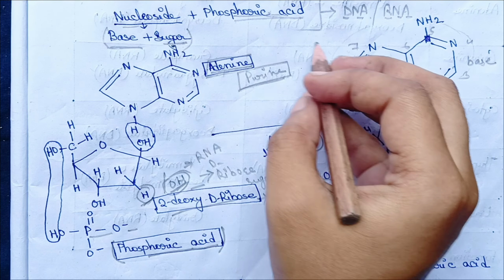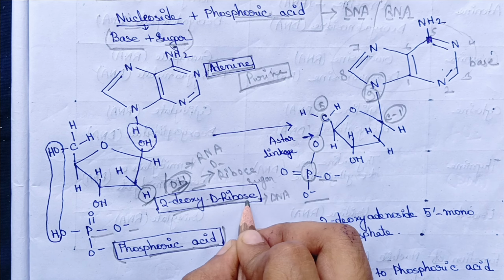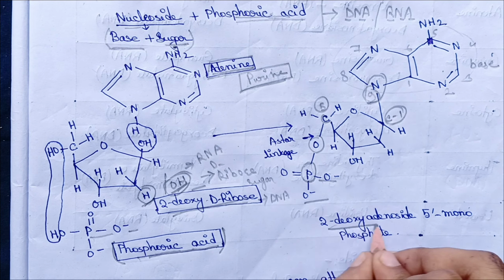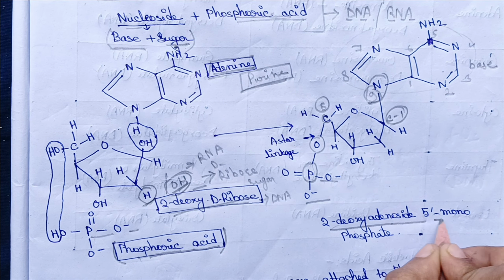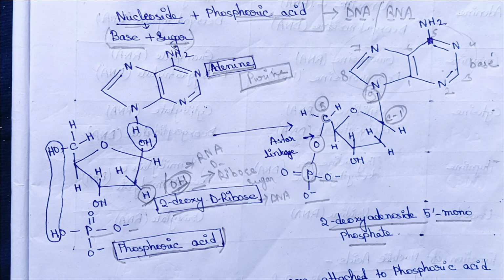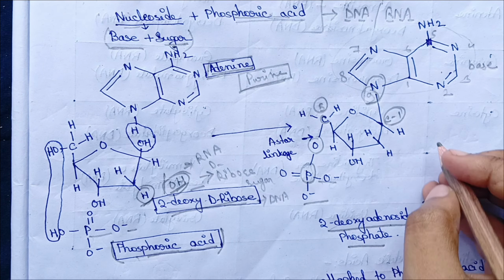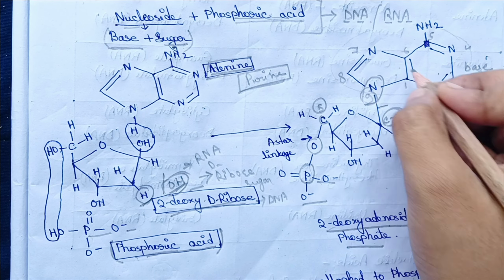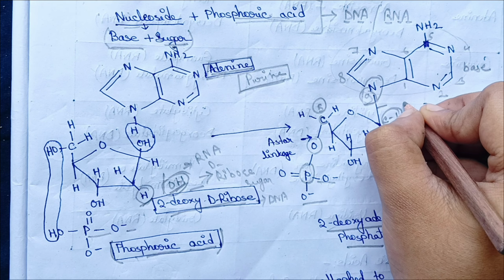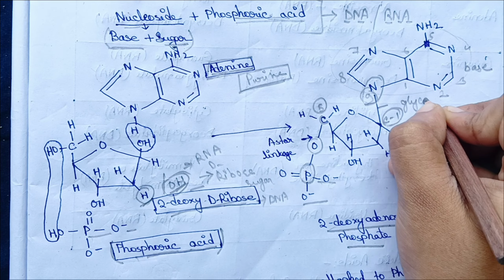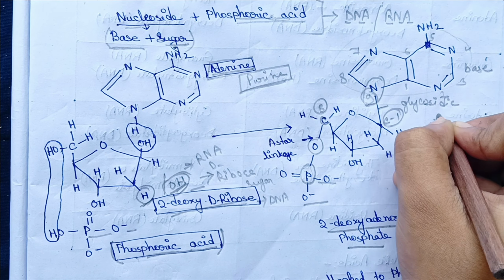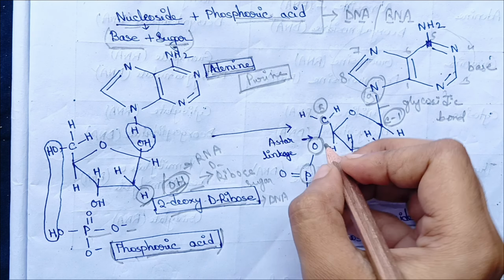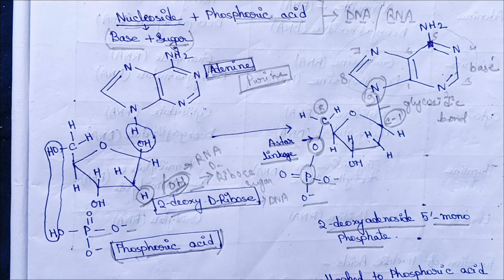So when an adenine group, 2-deoxyribose sugar and phosphoric acid bond with each other, they form 2-deoxyadenosine 5' monophosphate. Another most important thing: when adenine and sugar are attached with each other, they form a glycosidic bond. And when a phosphoric acid is attached with the sugar molecule, they form an ester linkage.